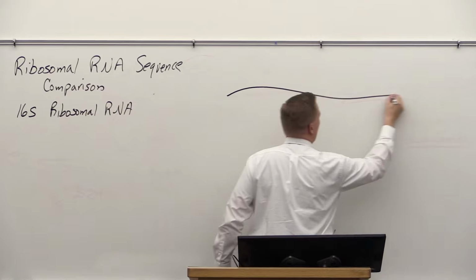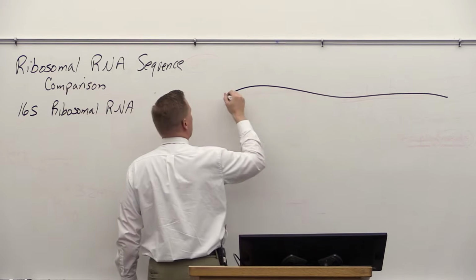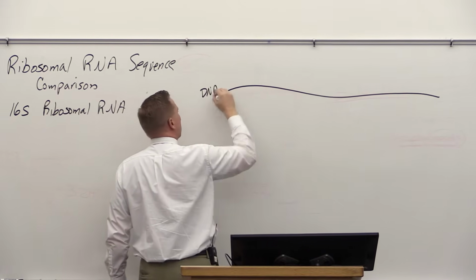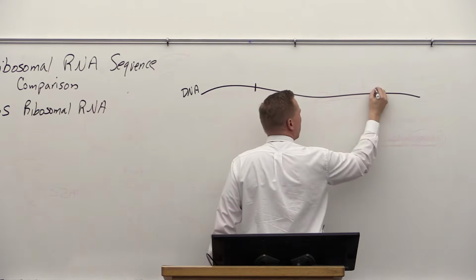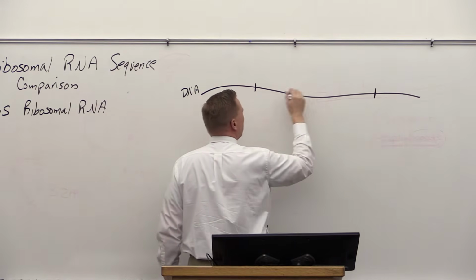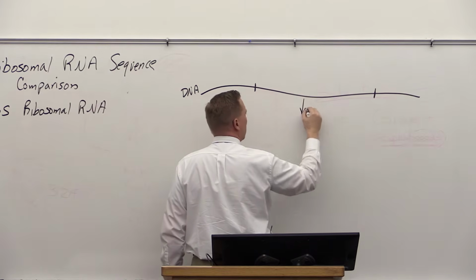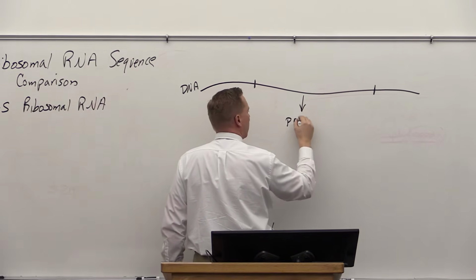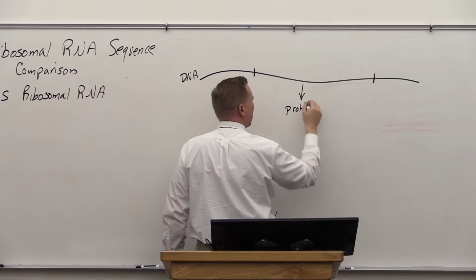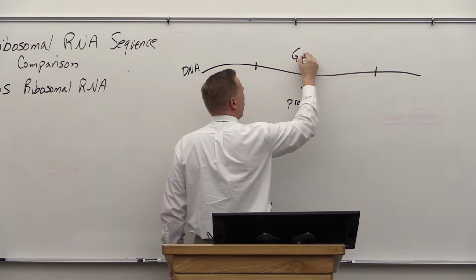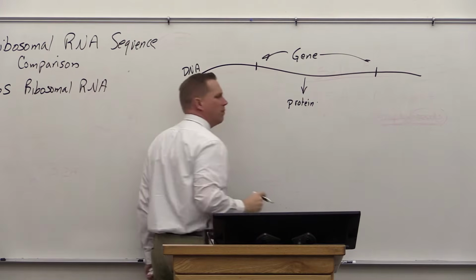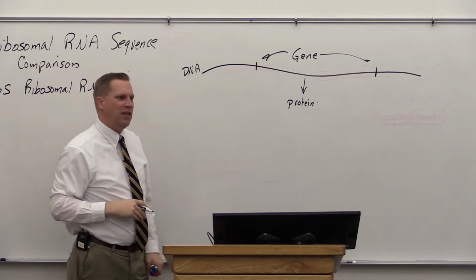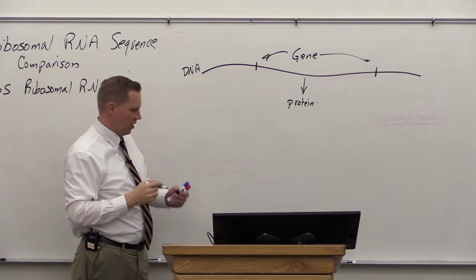So if you have a stretch of DNA, so we'll label this as DNA, and between this cross and this cross, we're going to say that this stretch of DNA is what can be used to make a protein. So that has the instructions, and so we call that stretch a gene. So one gene is the region of the DNA that's used to make up a protein.